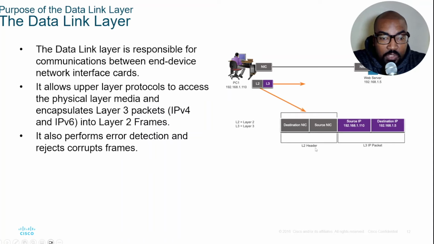If you take a look at our picture here, we have our destination NIC, source NIC, source IP, destination IP. Now, I keep bringing up this picture, and I'm going to keep bringing it up.